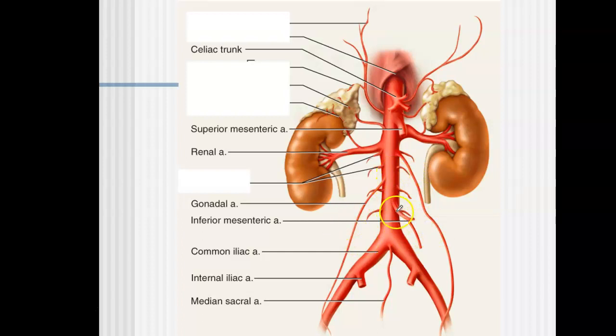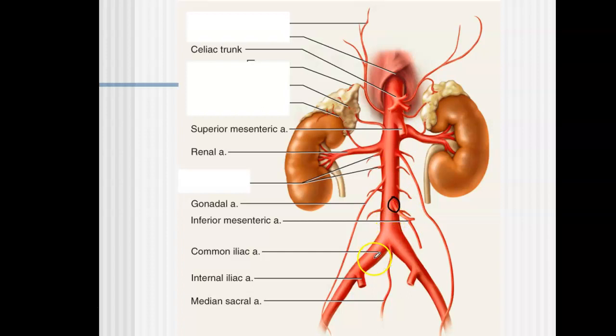Next would be the inferior. This one branching off here is another large one. It's called the inferior mesenteric because it is going to the mesentery of the large intestine. It's really called the mesocolon, but think of it that way. It's kind of like the mesentery of the large intestine. And so that's the inferior mesenteric as opposed to the superior mesenteric.